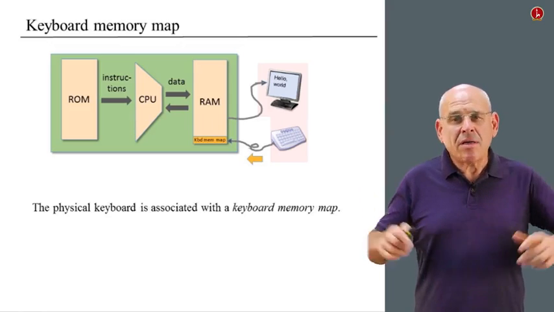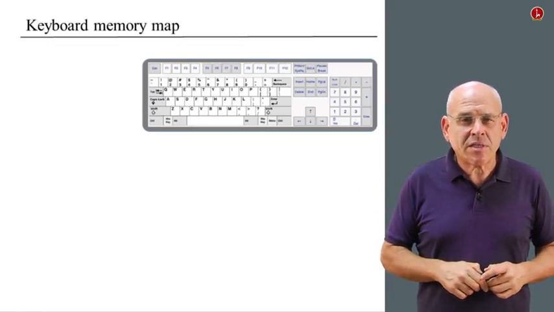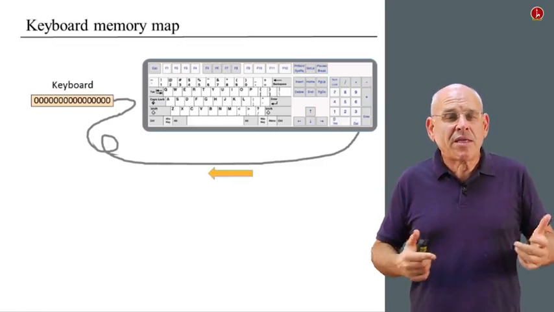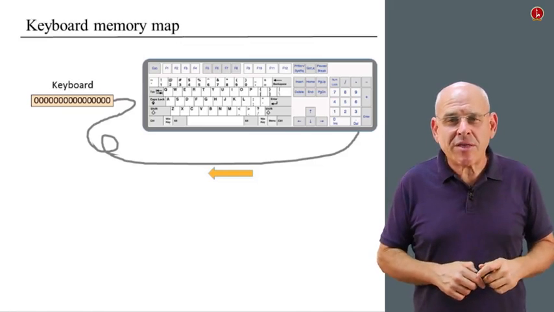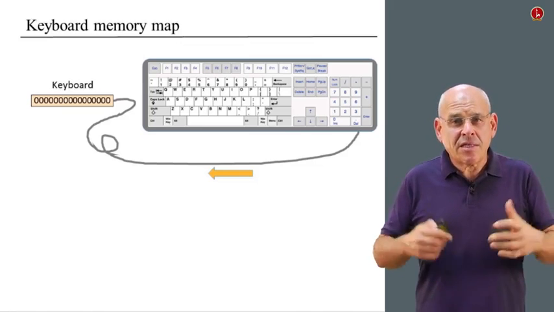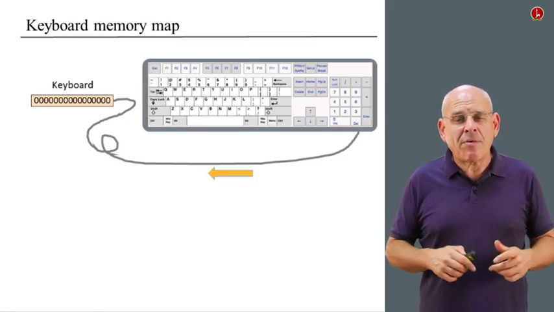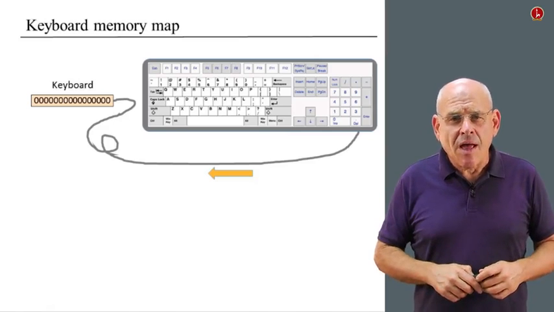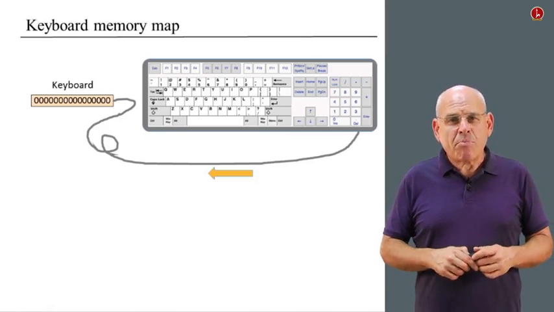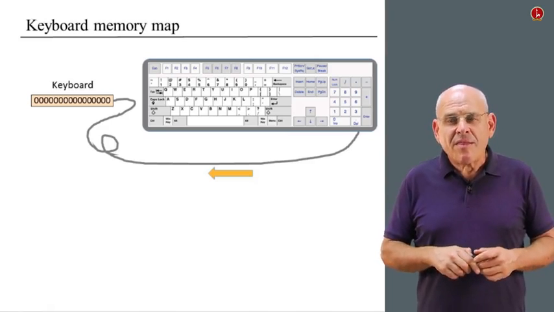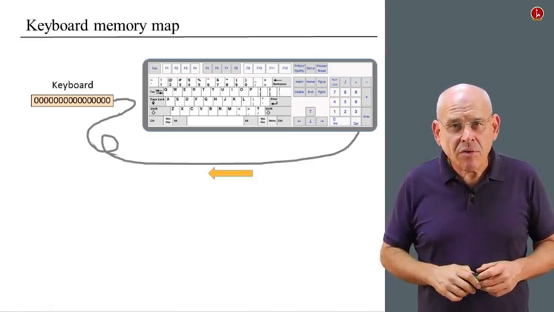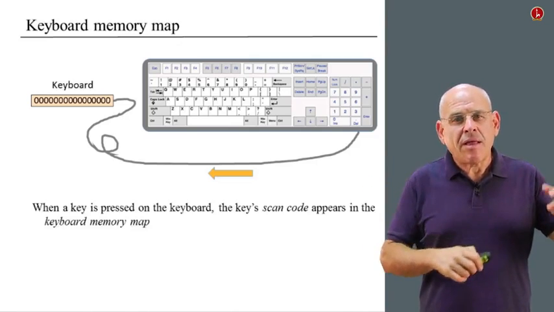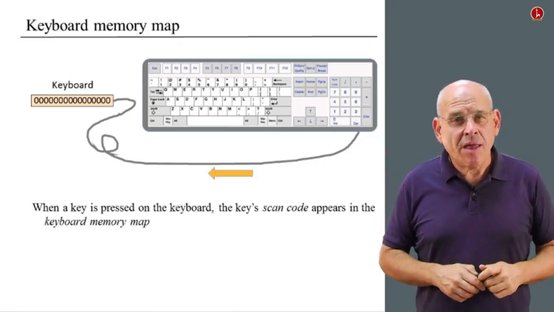And this is how the connection works. We have a special chip called keyboard, which once again is simply a 16-bit register. And in the next few minutes, I'm going to describe how this thing actually works, so we'll do it using examples. When a key is pressed on the keyboard, the key's scan code, which is an agreed upon value, travels through the cable and appears in the keyboard memory map.